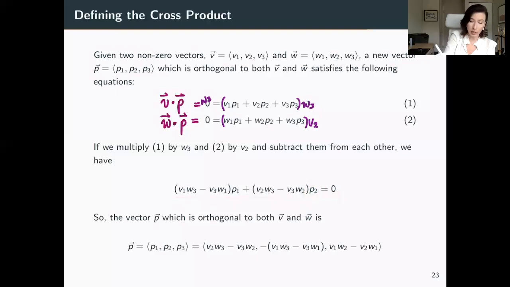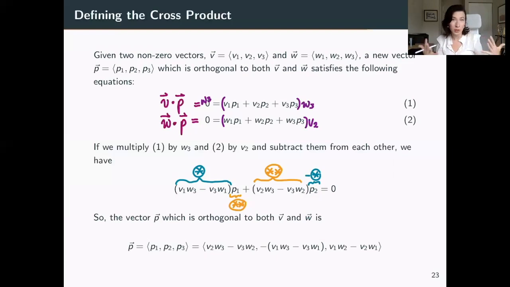A natural choice is to notice that if we take our P2 to be equal to the negative of the expression star, and we take our P1 to be equal to star star, then I would get 0.